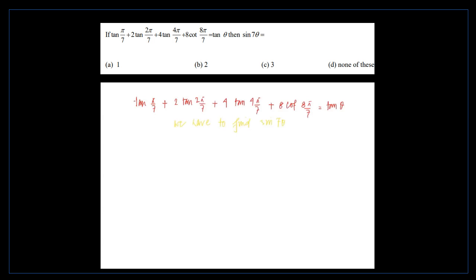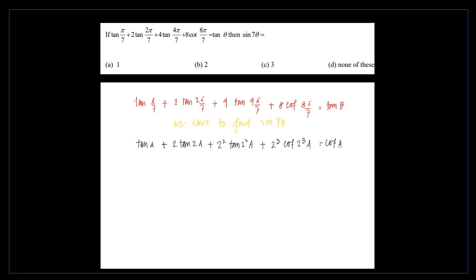Now, first of all, if we correlate the given expression with the shortcut, which you know, that tan A plus 2 tan 2A plus 2 square tan 2 square A plus 2 cube cot 2 cube A, then the answer is cot A.